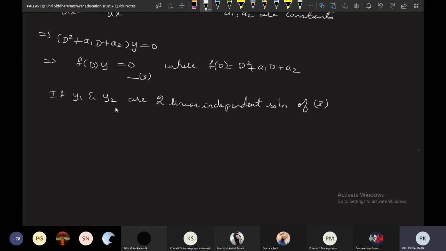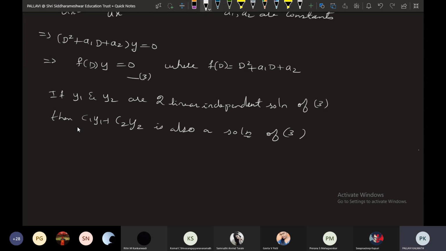In the solution, whatever the order, so many constants you will get in the solution. So if it is of second order, you are going to get two constants, C1 and C2. Then what we write, C1 into y1 plus C2 into y2. This is also a solution of equation 3.